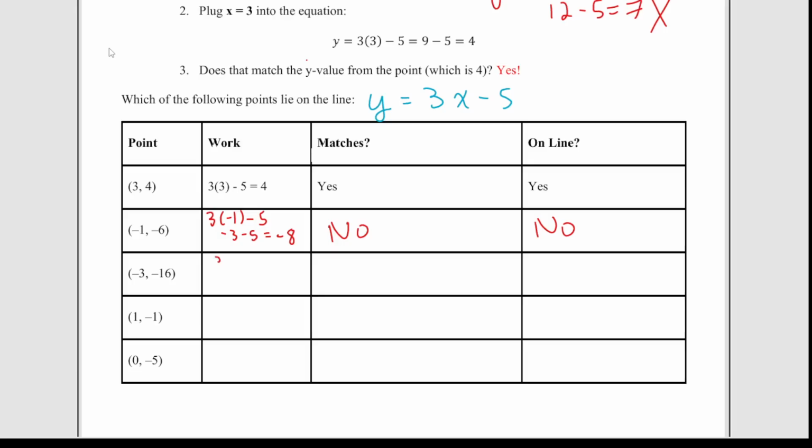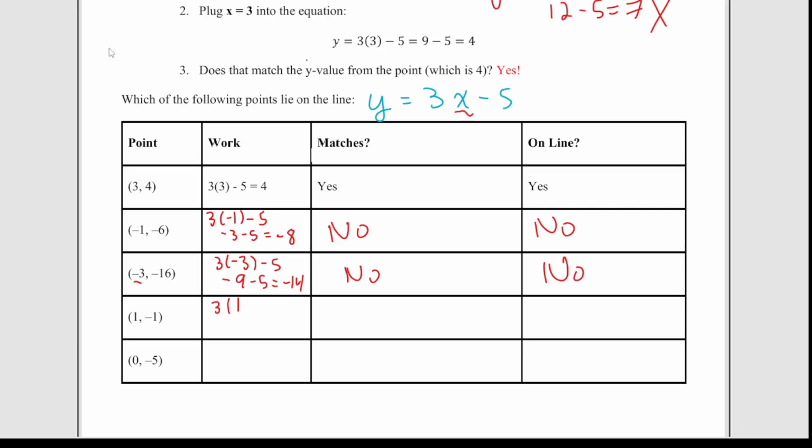Versus if I plug in negative 3, everywhere I see an x, I'm replacing it with my x value, in this case negative 3. 3 times negative 3 is negative 9. Minus 5 is negative 14, so that is also not on the line.